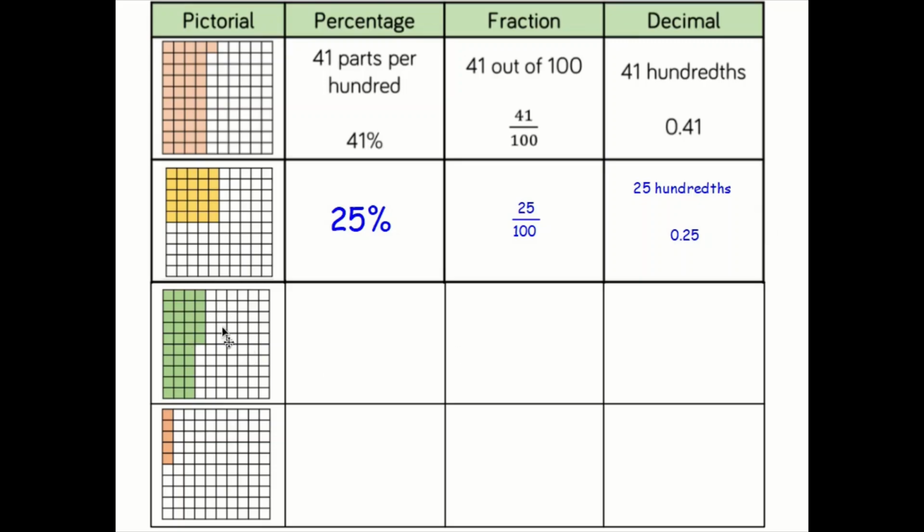This one here is 35 out of 100, which we know from earlier this week is 35 hundredths, also 0.35, and therefore 35%.